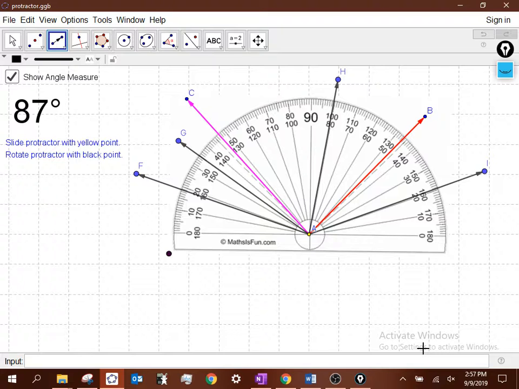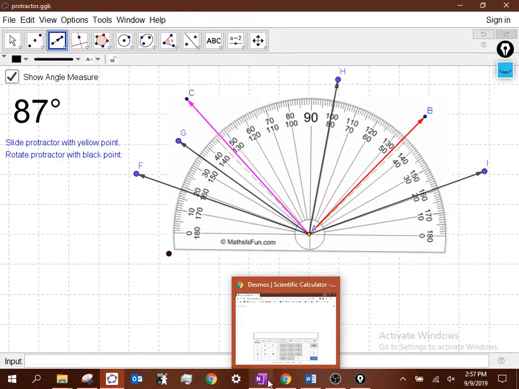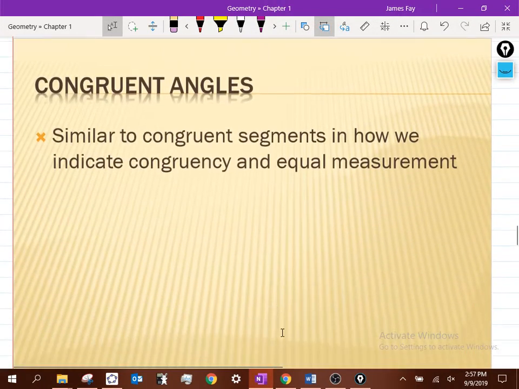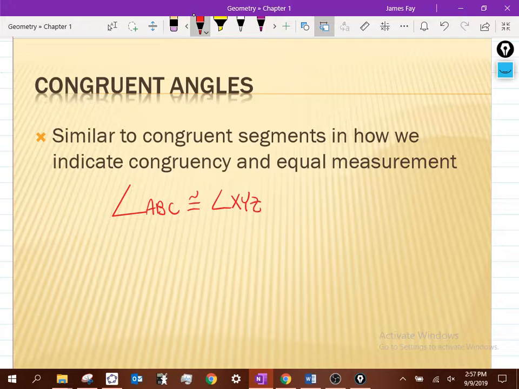All right. So because we have the protractor postulate, we can then talk about congruent angles. Okay, and here, all I want to talk about is that when I talk about congruent angles, notation-wise, if I say angle ABC is congruent to angle XYZ, remember that idea is that shape on shape idea.